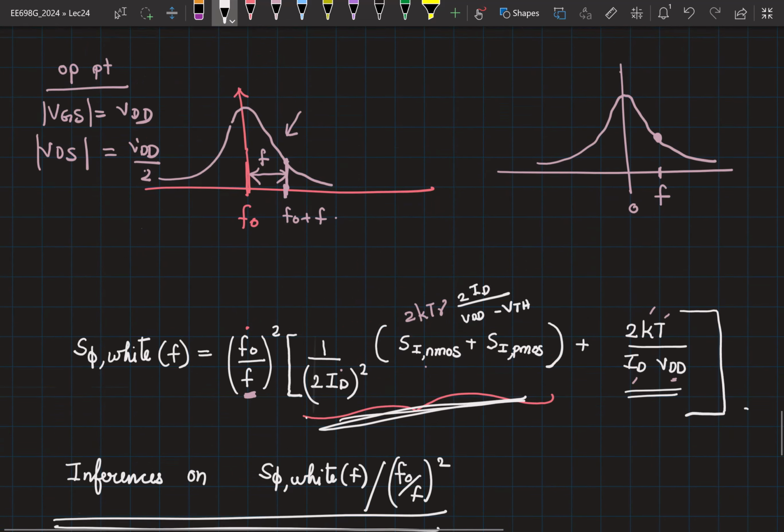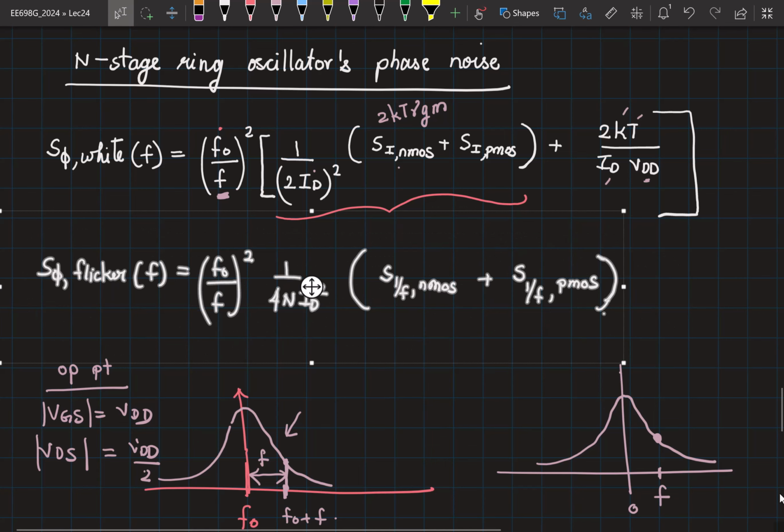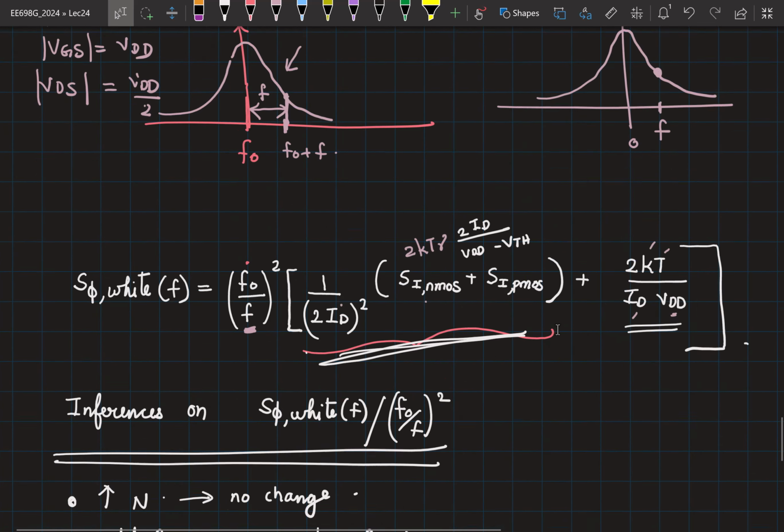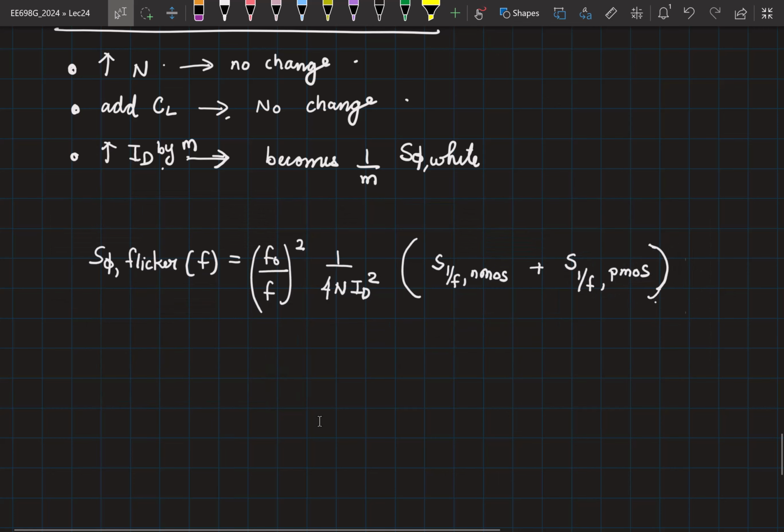So then we move on to the flicker noise expression. So again, F0 is the oscillation frequency, F is the offset frequency, N the number of stages in the ring oscillator, ID is the current through the transistor calculated for VGS equal to VDD and VDS equal to VDD by T, same as before.